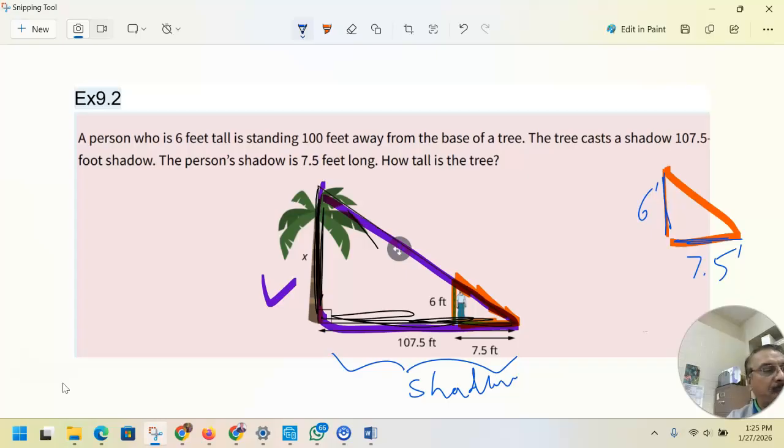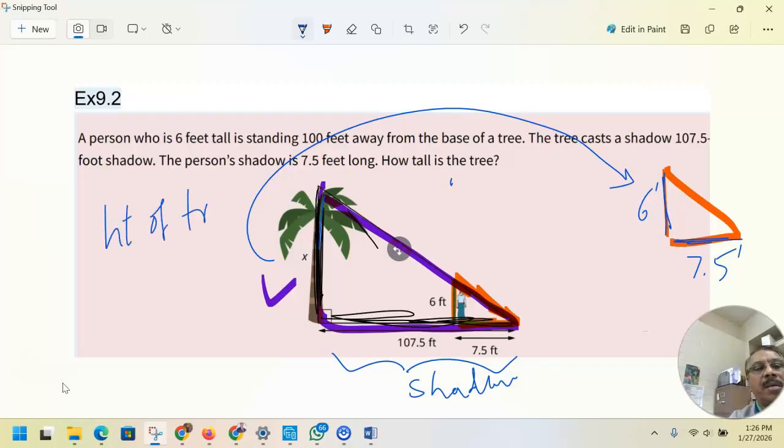So we'll use the other way around. Remember I said the height of the tree divided by the person's height, and then the shadow. The height of the tree we don't know, so it is x.